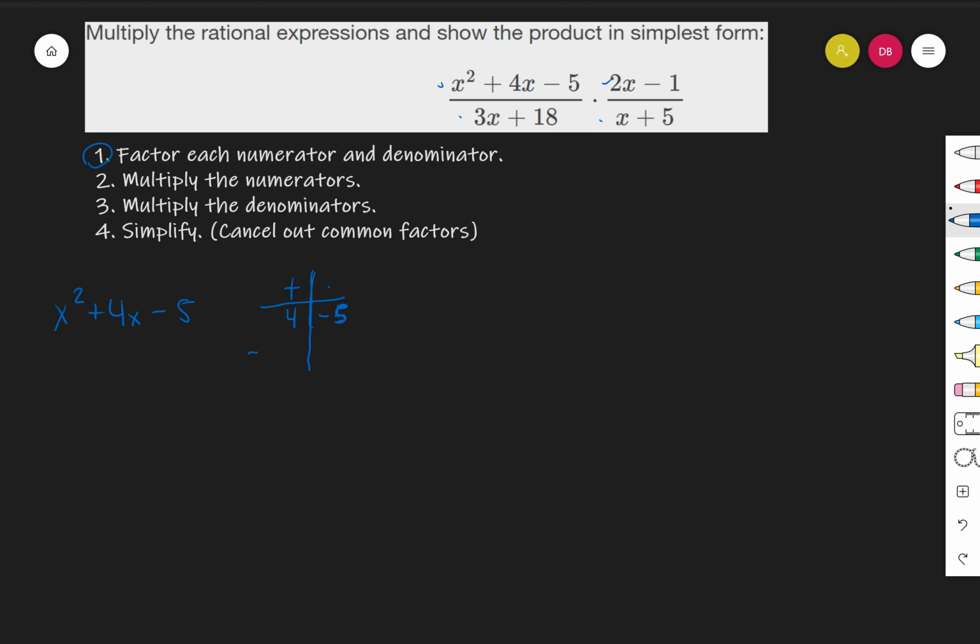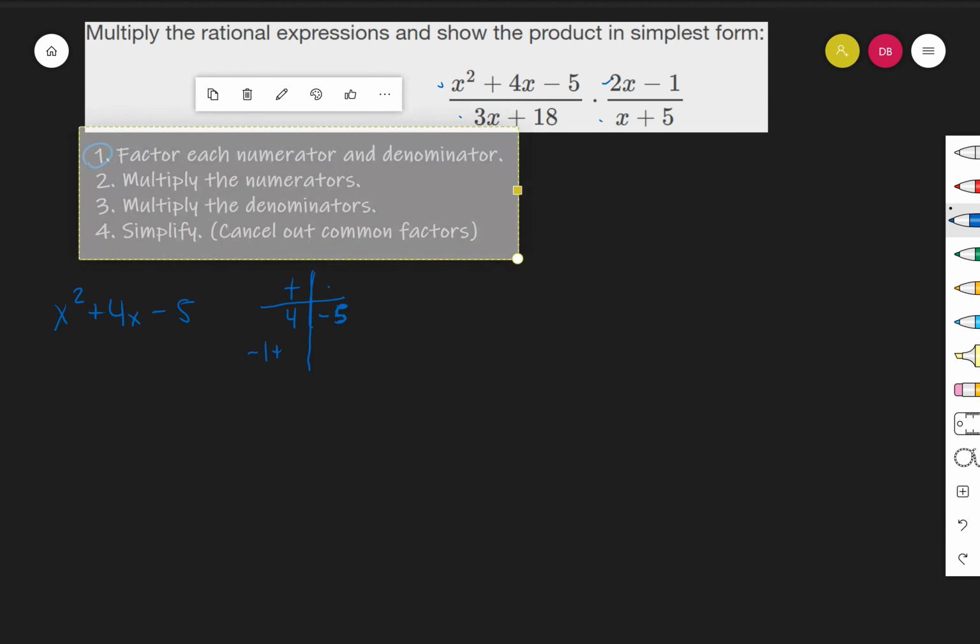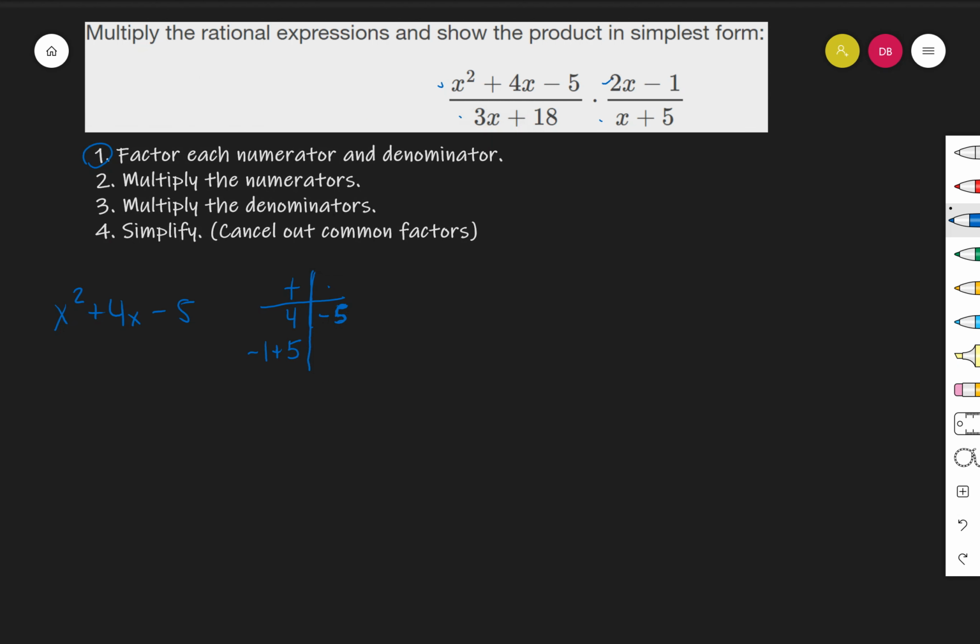Our only options are negative 1 and positive 5. Negative 1 times 5 is negative 5. So negative 1, positive 5. That factored is x minus 1 times x plus 5.